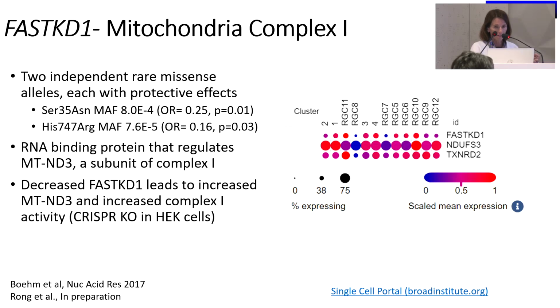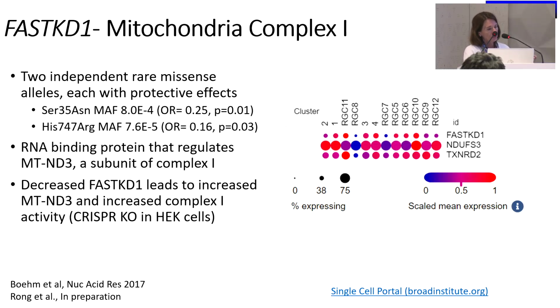The second protein subunit of complex 1 that's interesting is also a nuclear encoded gene, FASTKD1. And here, this data comes from an exome-wide study that we carried out, and we found 2 independent rare missense alleles in this gene, both showing nominal association, but significant effect sizes.